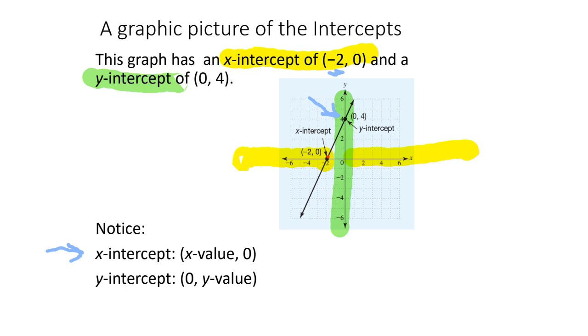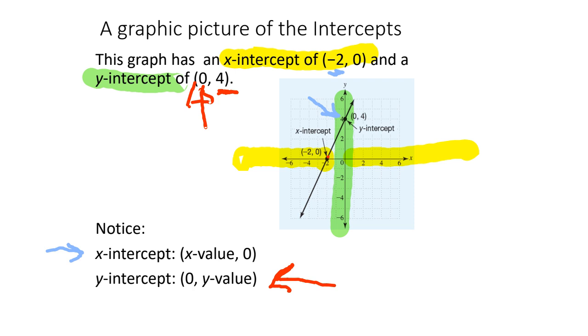The y-intercept had a value of x as 0, but I have a 4. Pictures. X-intercept is on the yellow line, the horizontal line. The y-intercept is on the green vertical line.